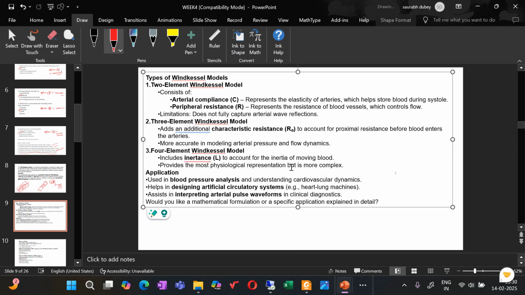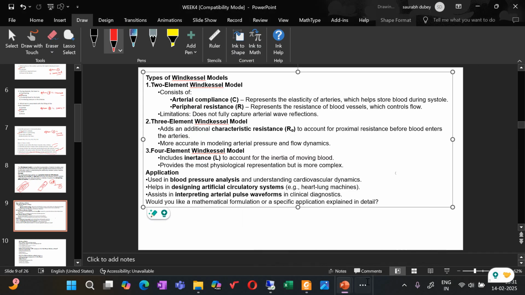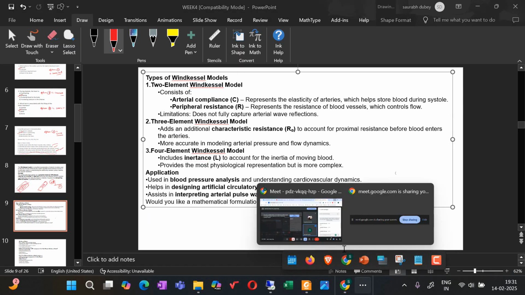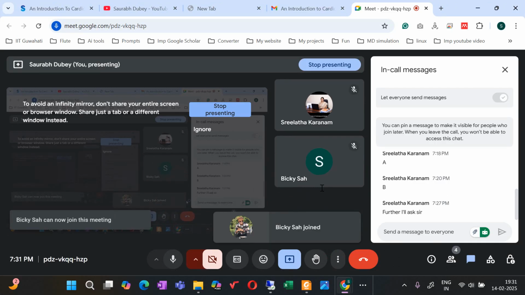Some more things about this type of Windkessel model. In our work, we have mainly considered in depth the two element Windkessel model, which consists of arterial compliance and another one is peripheral resistance. So here this compliance, what it does, I think there is some question, wait, somebody came. Let me just see. Yes, Biki came, right?